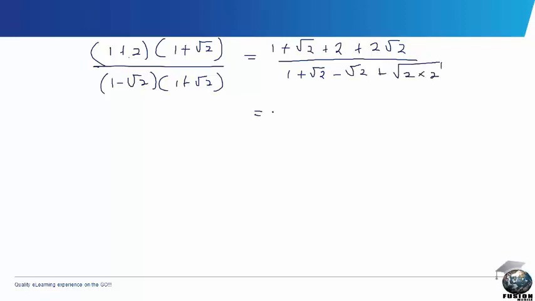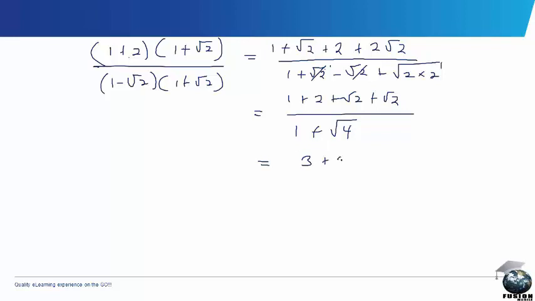Fine. So this gives us 1 plus 2. I'm collecting like terms, and then root 2 plus root 2 all over root 2 minus root 2, they cancel out, and then I have 1 plus 2 times 2, which is 4. At this point I have 3 plus 3 root 2 all over 1 plus 2 times 2, which is equal to 3 plus 3 root 2 over 4.